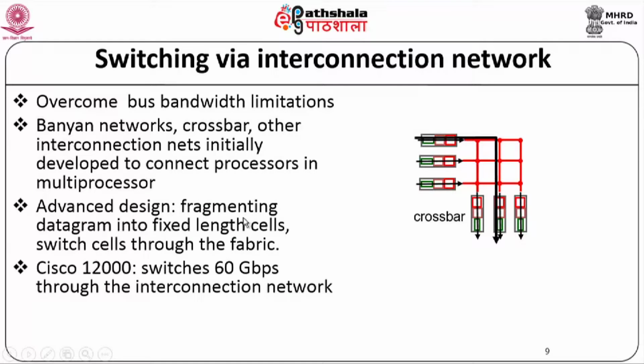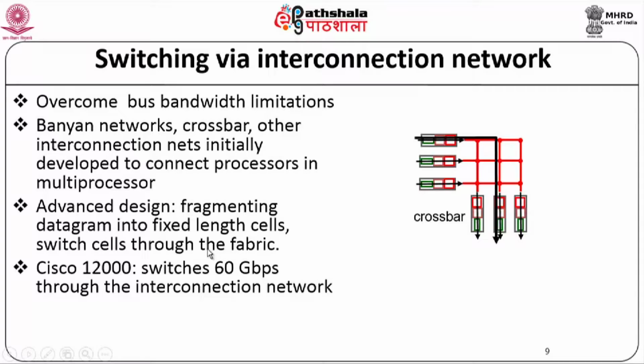Okay. So, we have very advanced designs in terms of these kinds of networks. So, you have fragmenting of datagrams into fixed length cells, and the cells are the ones that are switched through the fabric. If you look at ATM switches, they are typically interconnection network based switches, where the packets which are coming in are normally cells, all of fixed size, and so the switching can be done very fast.